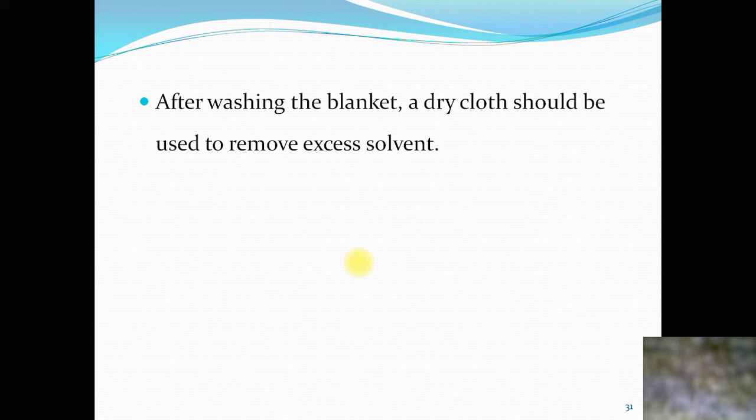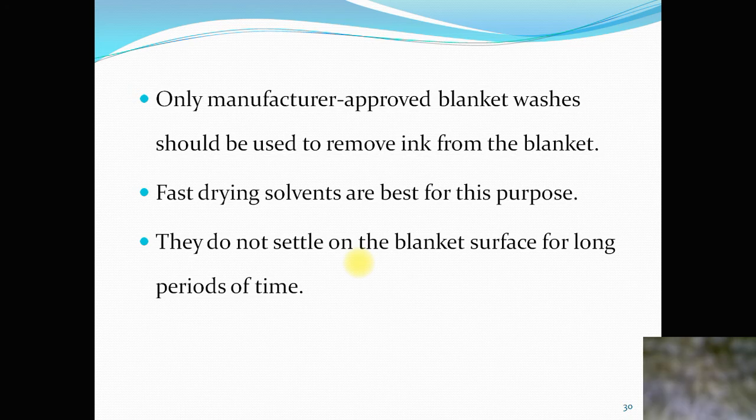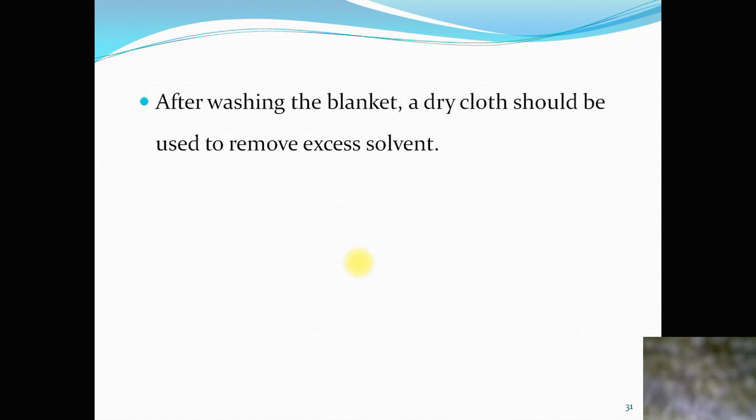After washing the blanket, a dry cloth should be used to remove excess solvent. Always remember that after washing the blanket with any type of fast drying solvent or a manufacturer approved blanket wash, the immediate thing we need to do is wipe off the blanket surface with a dry cloth.